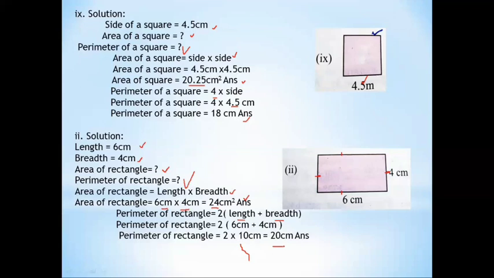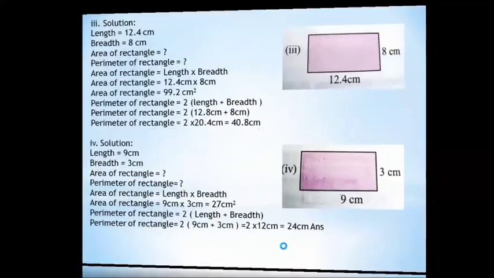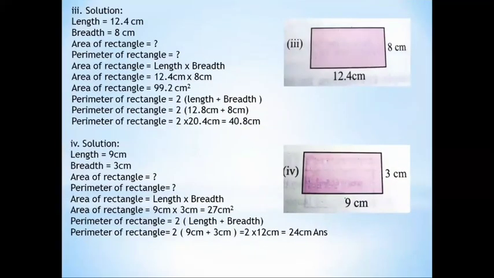Now we are going to start another part of the rectangle that we have here. Dear students, part number 3. Solution. In the upper figure, similarly, we are given the length and breadth.